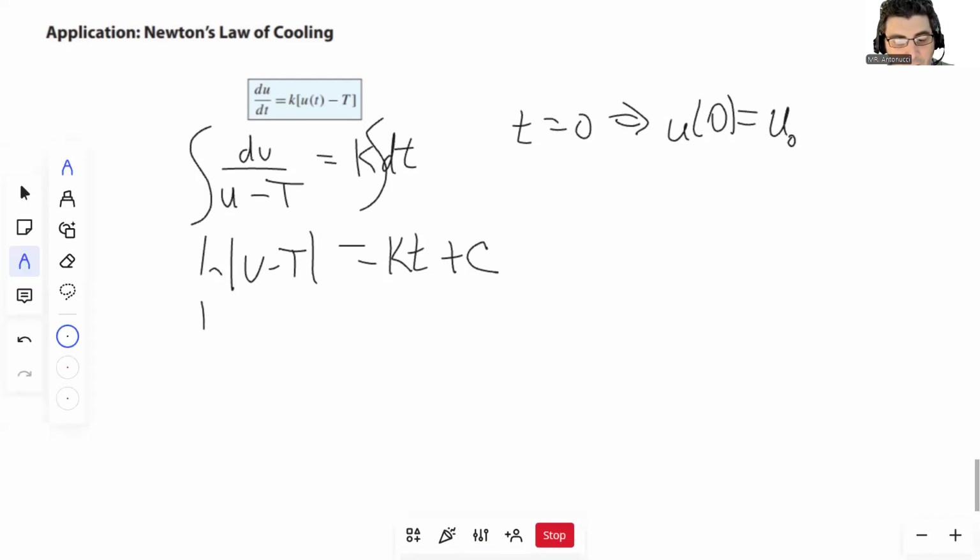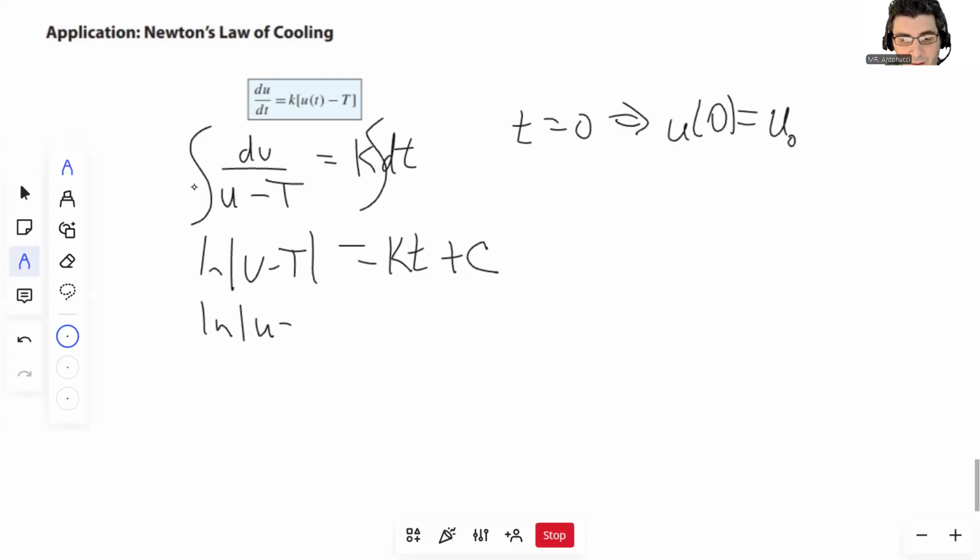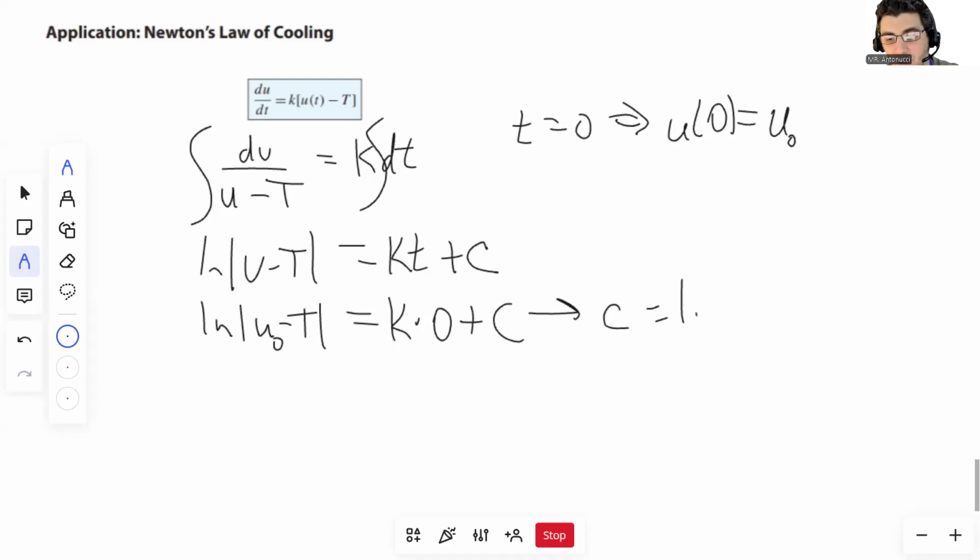So I would have natural log absolute value of u(0) minus T equals k times 0 plus C. So C equals natural log absolute value of u(0) minus capital T.